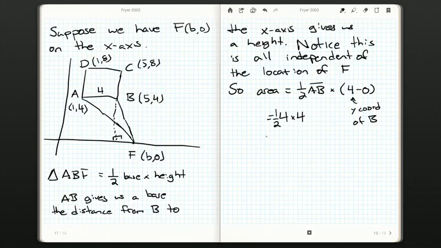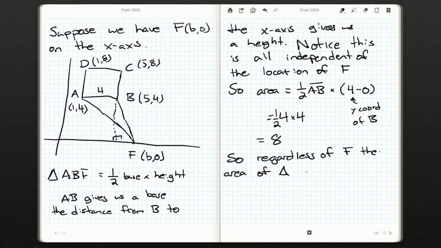It's going to be 1/2 times 4 times 4, which is going to be 8. So regardless of where F is, the area is always 8.